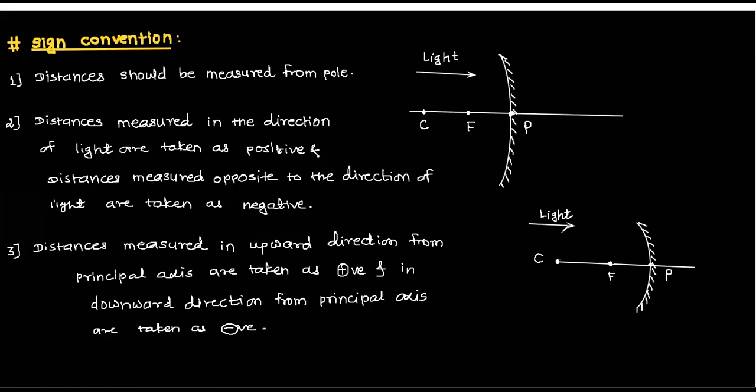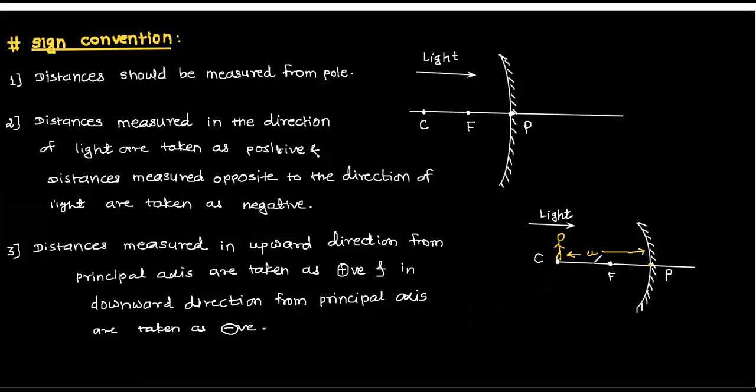Now assume that one person is standing over here at the center of curvature. This is the light direction, and you want the object distance. How do you measure it? From the pole to the object. So this is u.